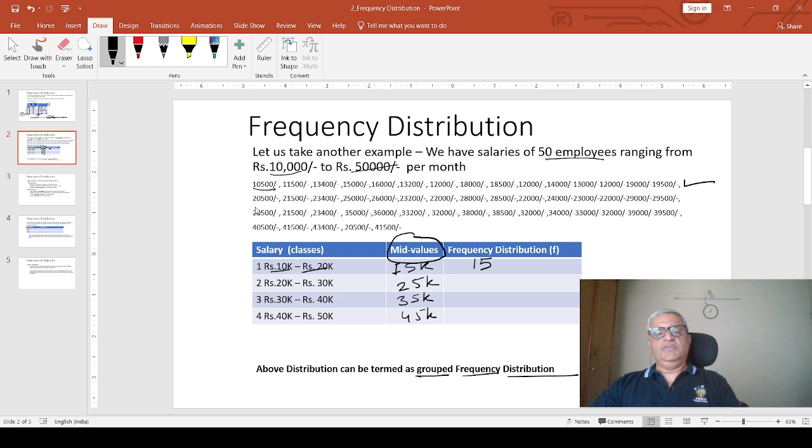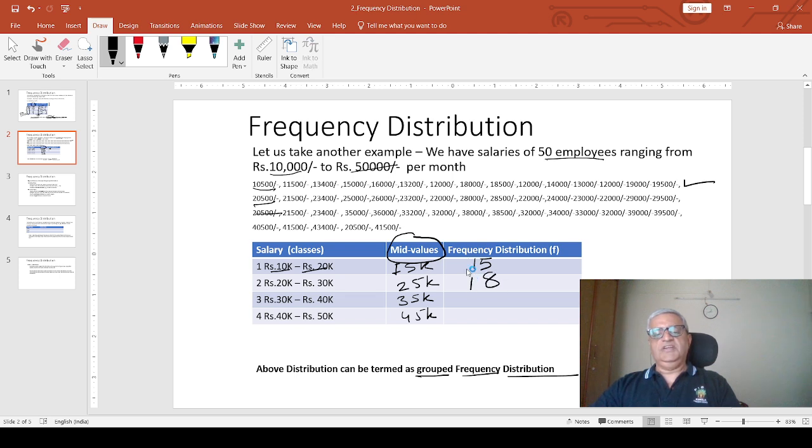Then I have 20,500 onwards till, so 1, 2, 3, up to 18.